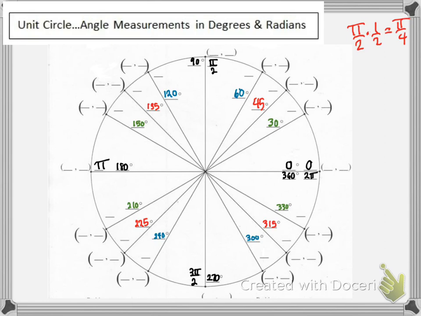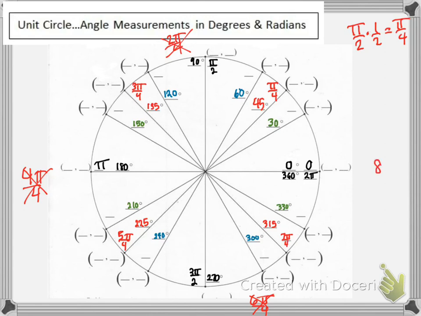So in the center, where the other red one was, I'm going to do another red one that says pi over 4. 1/4 of pi. 2/4 of pi, which is just pi over 2. 3/4 of pi. 4/4 of pi, which is just plain pi. 5/4 of pi. 6/4 of pi, which reduces down to 3/2. 7/4 of pi.